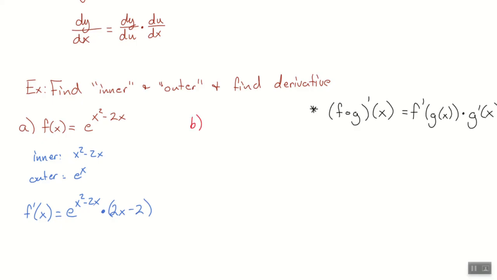Okay, on this one, I'm going to switch back to the other color of red. On B, we're going to say this time, I'm not going to give you a function. I'm just going to name it right off the bat. I lied, I'll call it y. I want the derivative after identifying inner and outer for the cosine of 3x plus pi fourths.